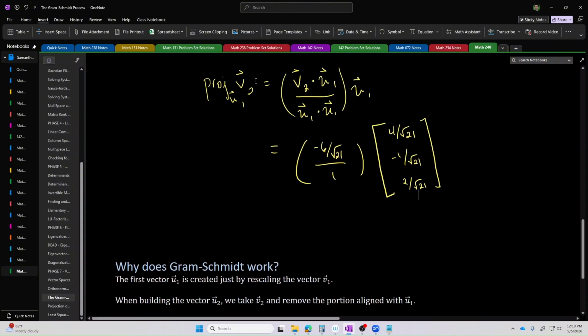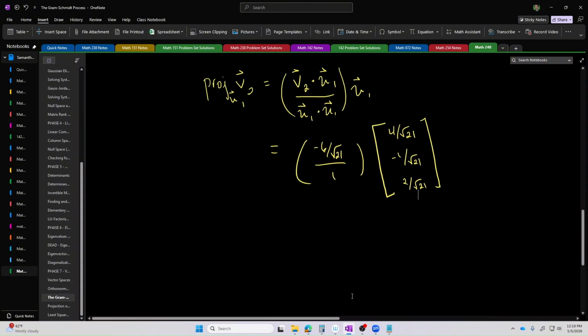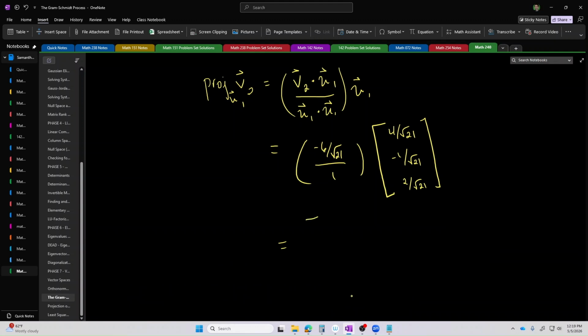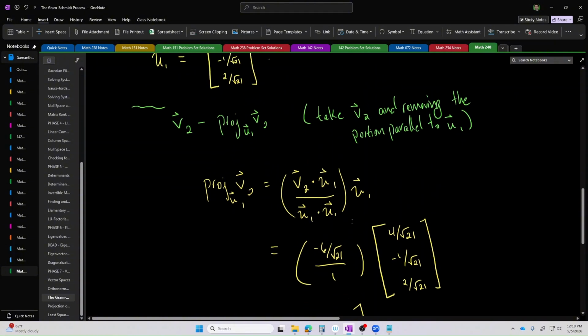If I follow through on that scalar multiple, what I get is the vector (negative 24 over 21 with no root, 6 over 21, and then negative 12 over 21). So this is the projection of v2 onto the vector u1. This is the portion of v2 that is parallel to and aligned with u1.